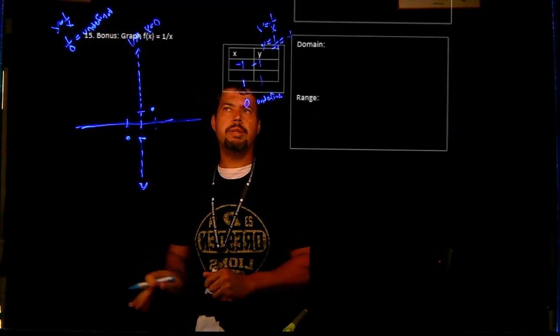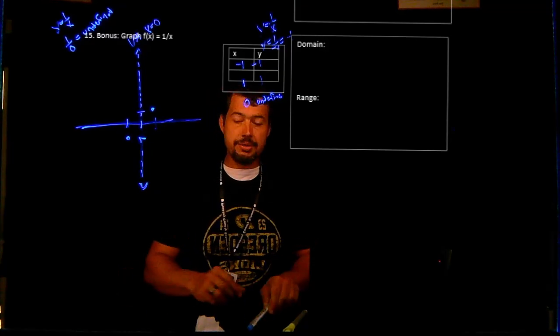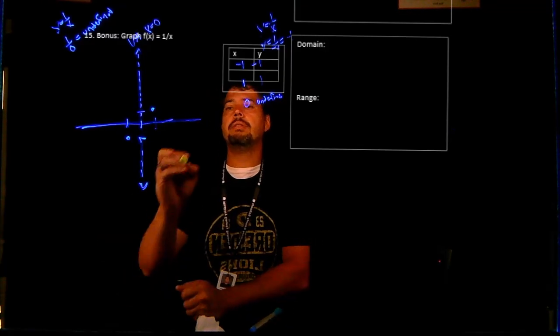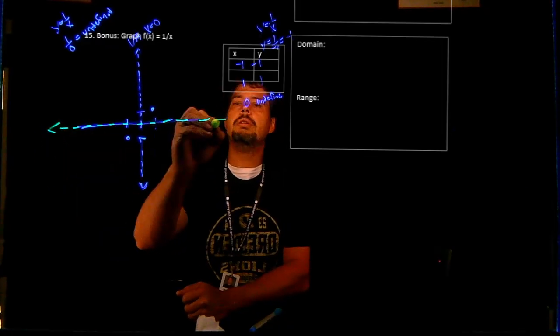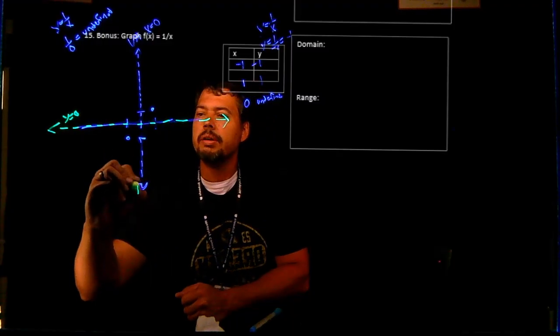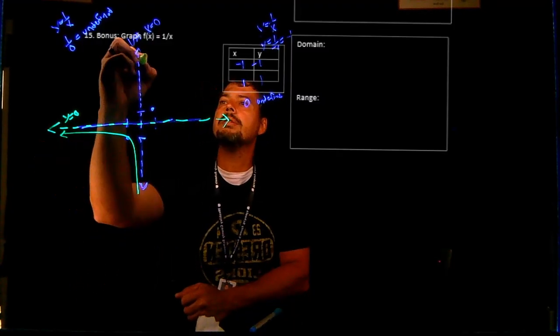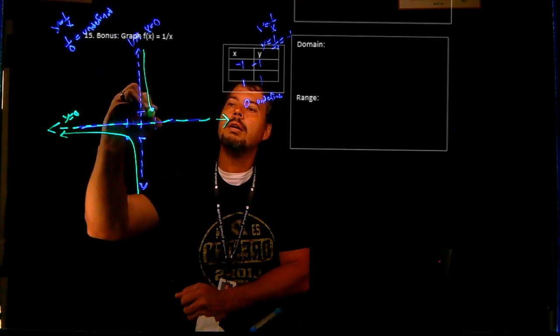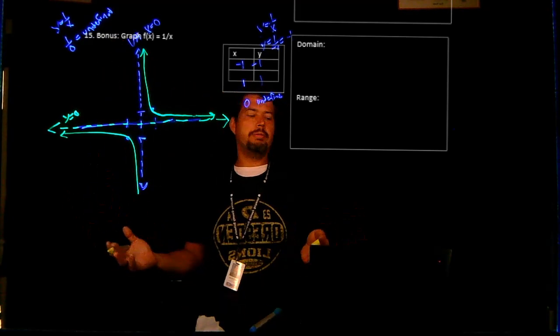Now, there's actually more than that. There's also a horizontal asymptote on this graph. It actually has an end behavior asymptote too at y equals 0. So I cannot cross the x-axis, nor can I cross the y-axis. And there is my beautiful little graph.